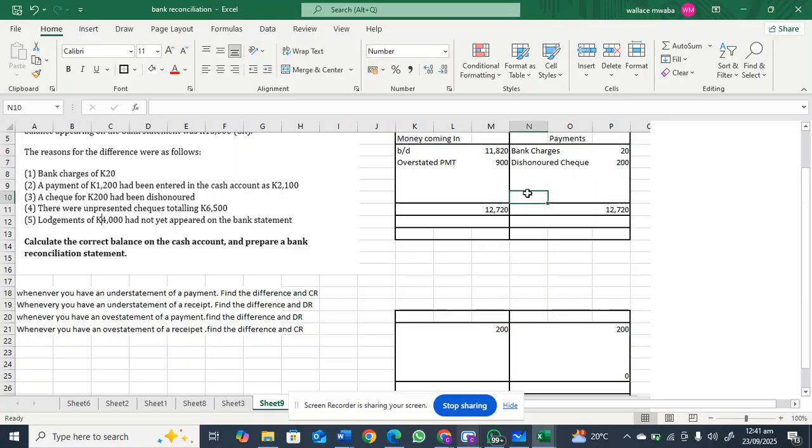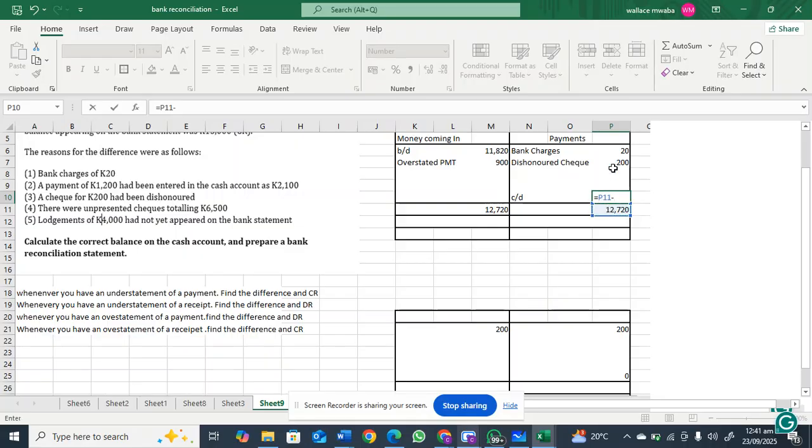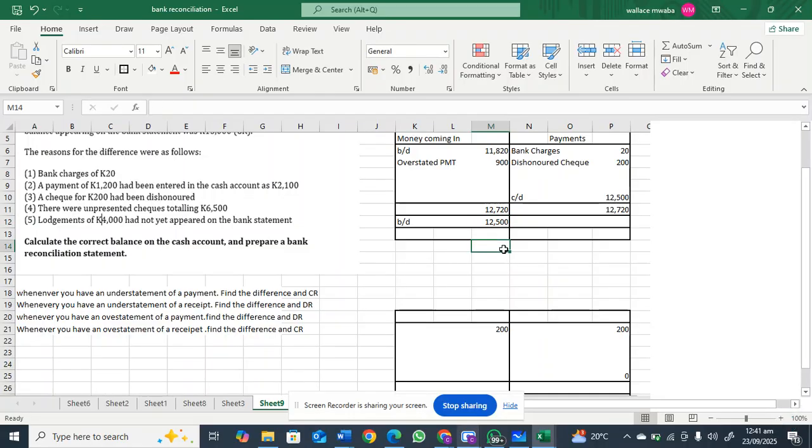So our balance carried down is going to be 12,720 minus 220, 12,500. The balance brought down. So that's the new balance for our cash account.